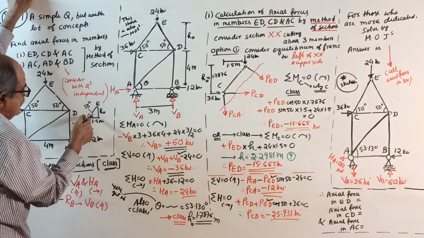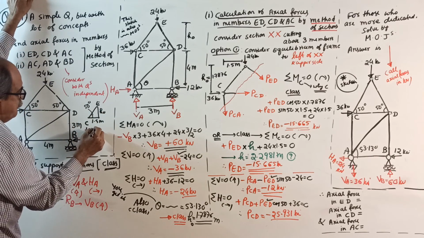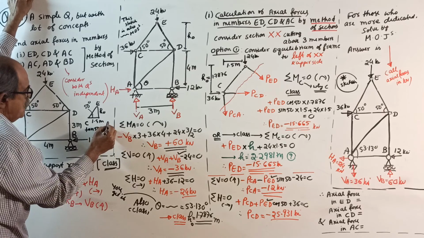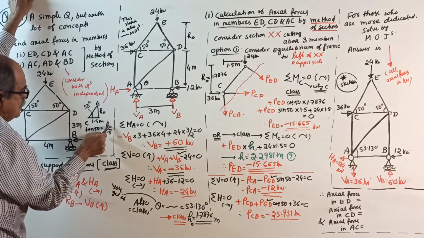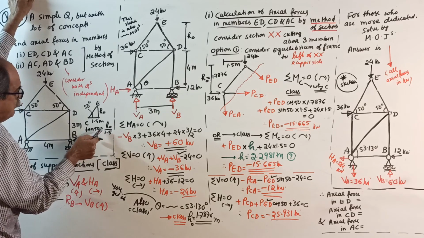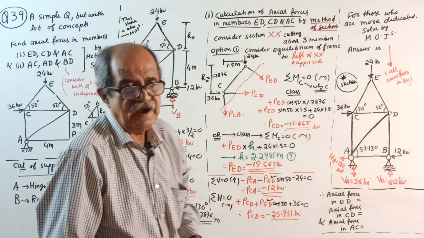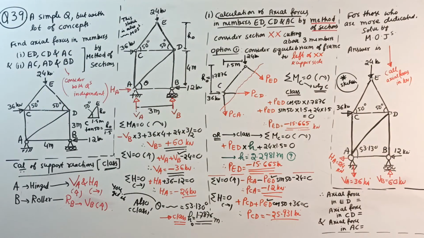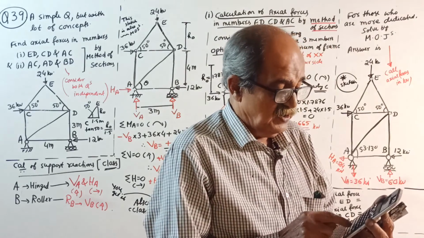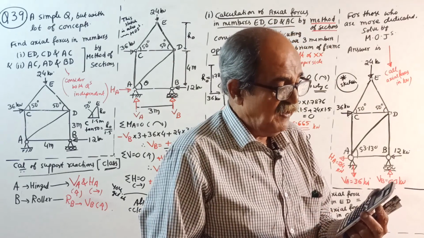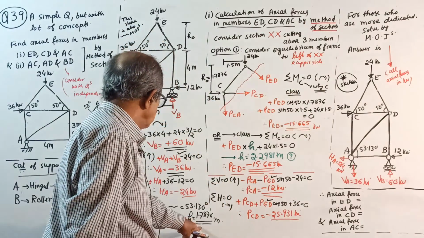So tan 50 equals h naught by 1.5. Therefore, h naught equals 1.5 into tan 50. I'll check the answer. With little accuracy, 1.7876 meter. Okay, correctly show the calculation.